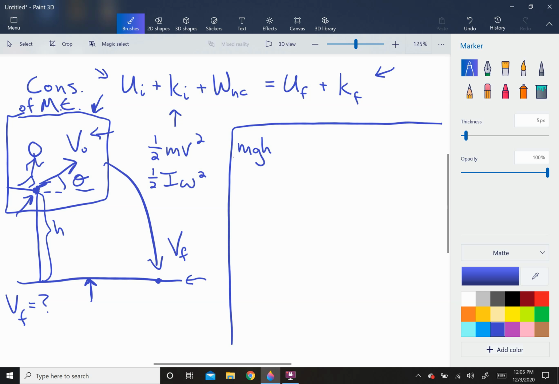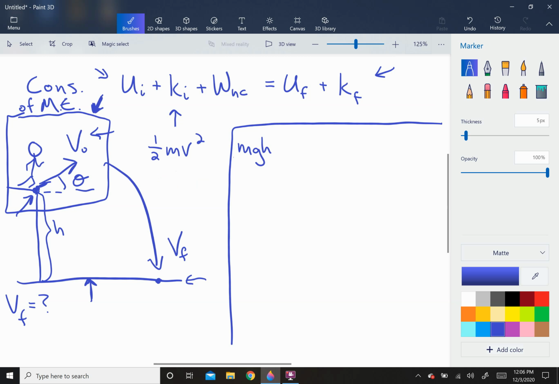Those are the only two kinds of kinetic energies that I taught you. So all I have to ask is, at this initial point, do I have kinetic energy? Are things moving? The answer is yes. Jim Bob is moving. Is Jim Bob spinning? No, Jim Bob is not spinning. So this one is gone.